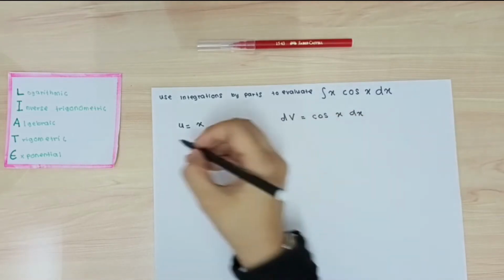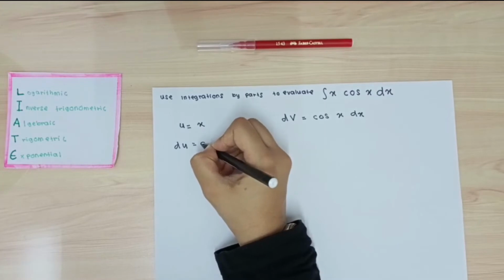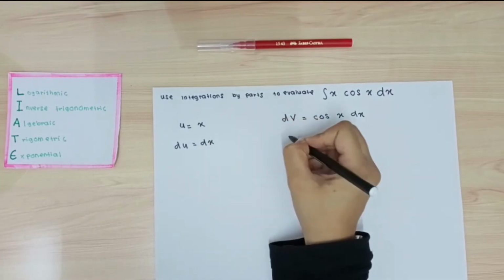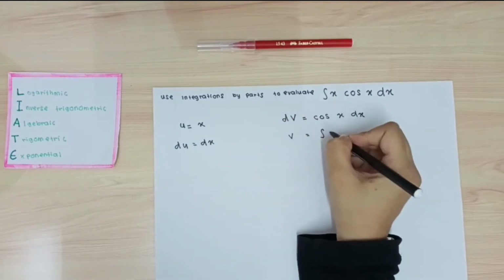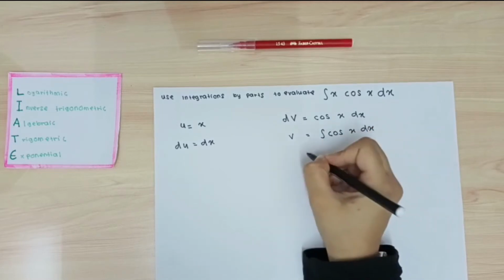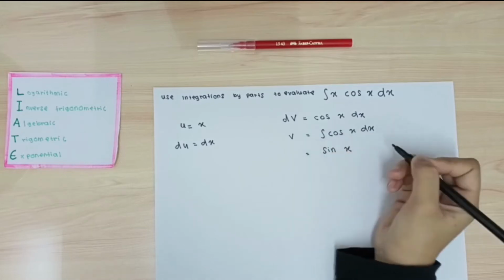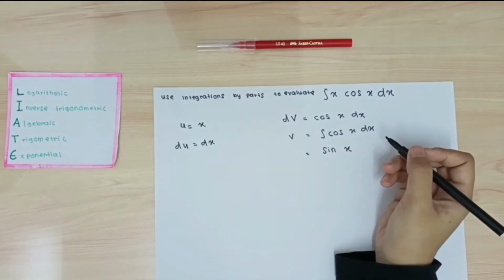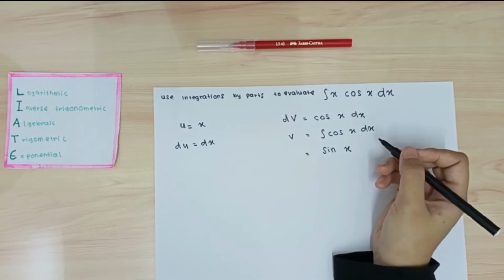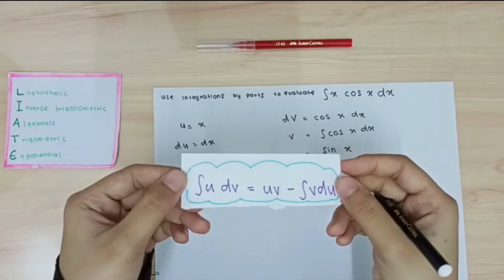The second step is to compute du from u and v from dv, where du equals dx and v equals the integral of cos x dx. We get sin x. From the previous section, there is a formula called integration by parts.